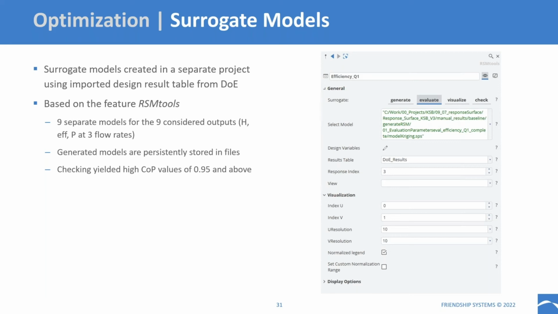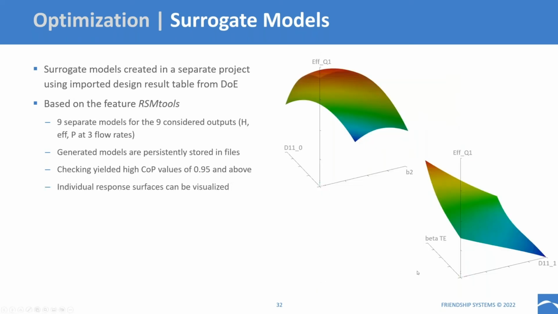You do that a few times with different samples, and that gives you a measure for the quality of the surrogate model, which is this so-called coefficient of prognosis. And here we got pretty high values of about 95% and above, which of course indicates a very good prediction by the model.